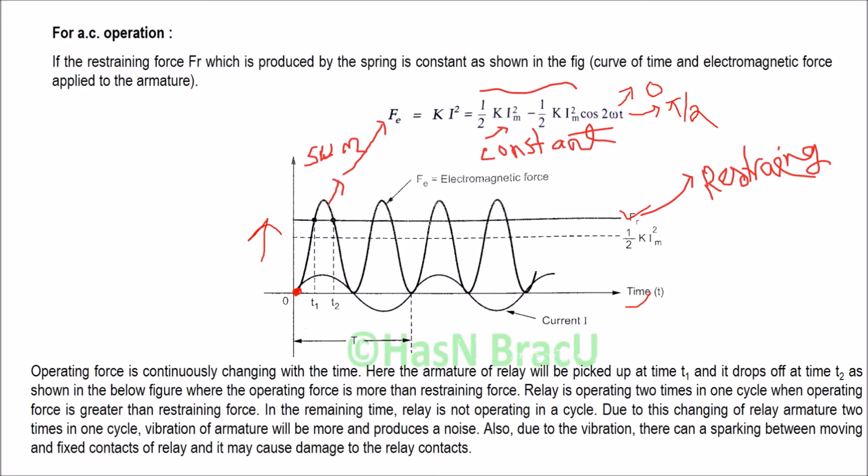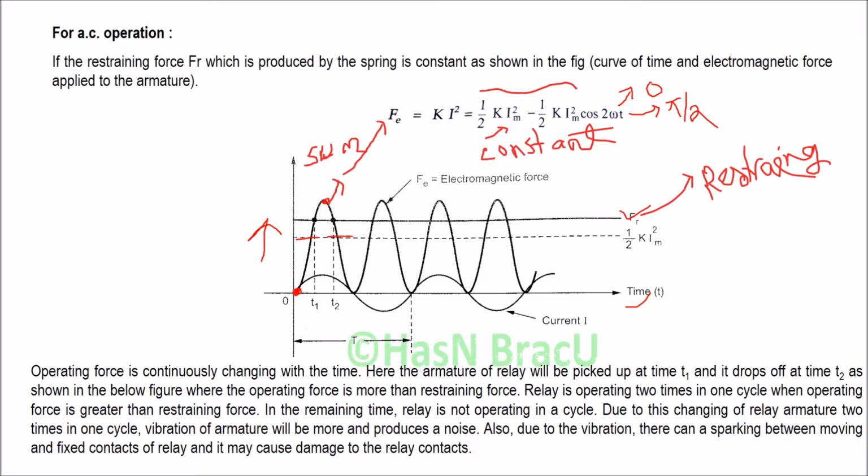If omega t is equal to pi by 2, then half K Im square minus half K Im square cos 2 pi by 2, that means cos pi, is equal to minus 1. So we can write half K Im square plus half K Im square is equal to K Im square. If this is half K Im square, we can take this point at K Im square.